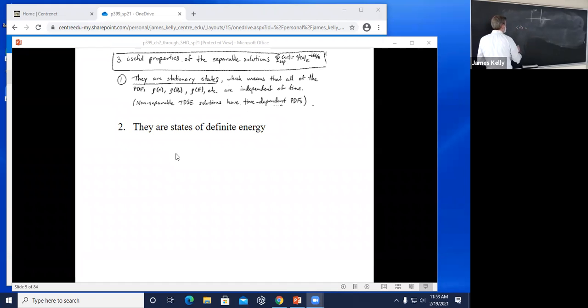Let's calculate the square of sigma of H. That's the expectation value of energy squared minus the expectation value of the energy operator, squared. Let's calculate the expectation value of energy, same way we did before.